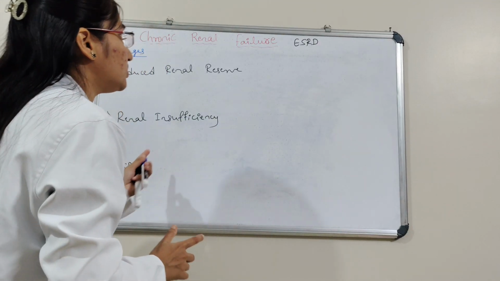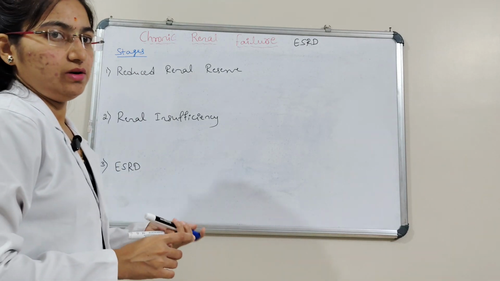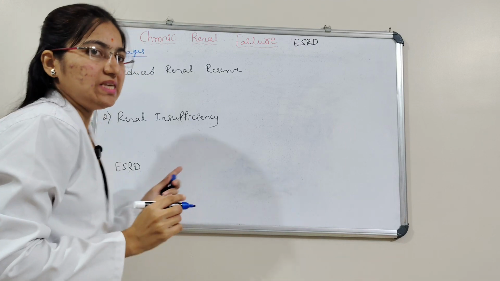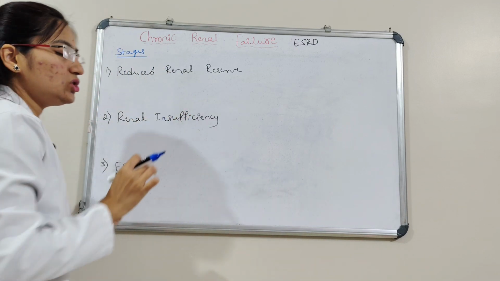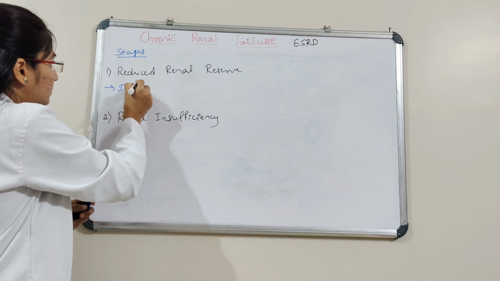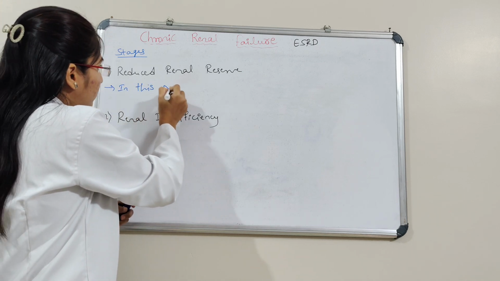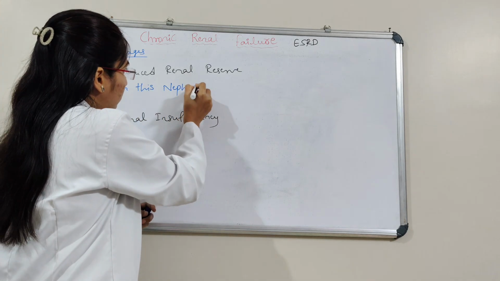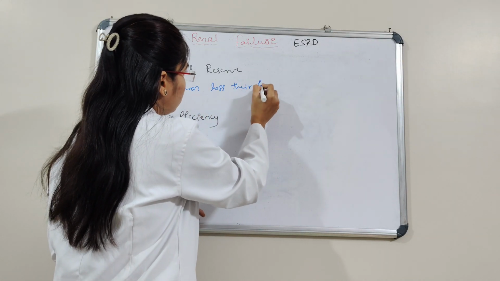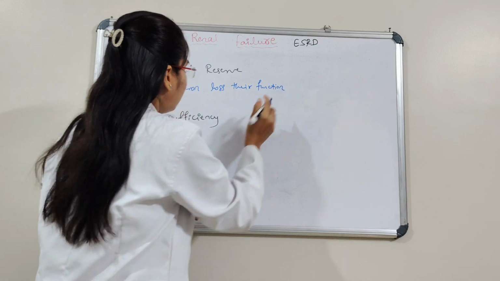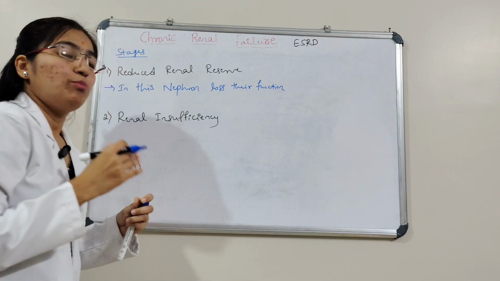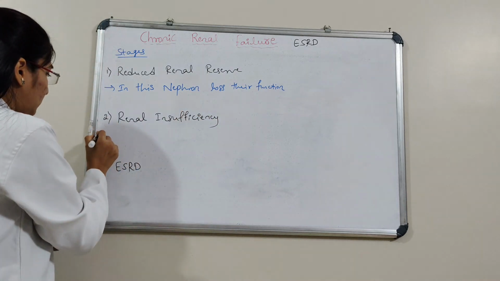Next, we'll see the stages of chronic renal failure. There are 3 stages. First one is reduced renal reserve. Here, what happens in this stage? In the first stage, nephrons lose their function. And then comes the second stage, renal insufficiency. Here we can see polyuria and nocturia.